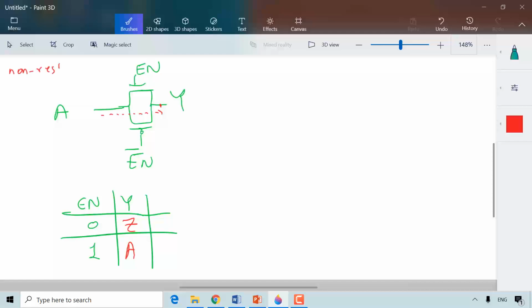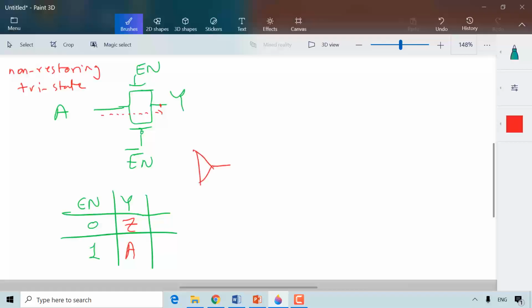Let's understand what non-restoring means. It means whatever value and signal strength A has is passed to Y. Typically in circuits, we don't like non-restoring because any noise in A will be copied to Y. Anyway, this is a very small tri-state circuit, and the logic symbol for this circuit is like so.